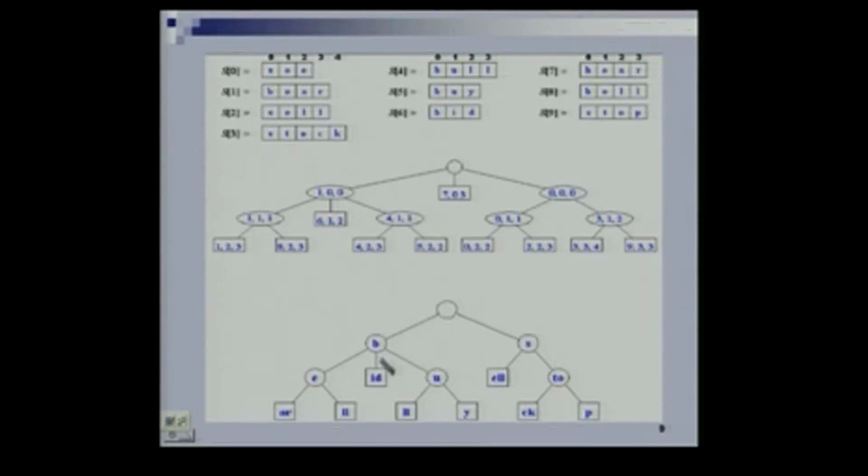So, in the 6th word, ID begins at position 1 and ends at position 2. So, each of these labels, no matter how long they are, can be stored as 3 numbers, because each of these labels will be a substring of one of the words.